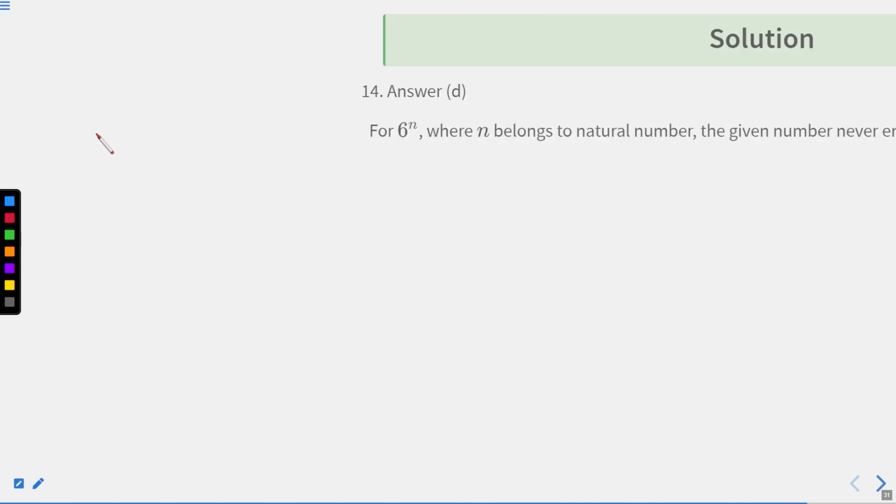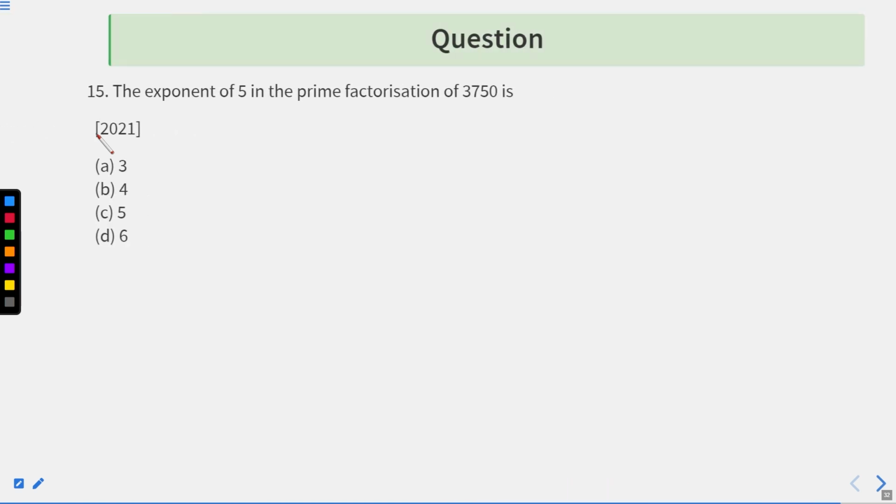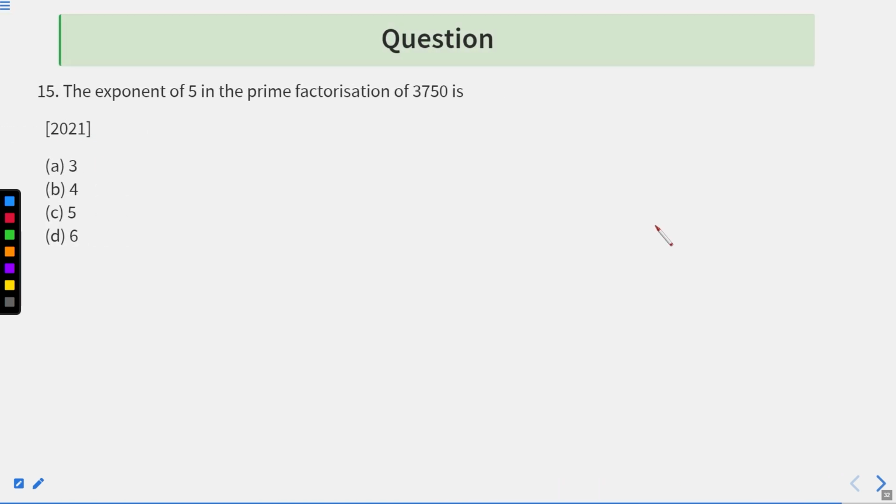Now let us move to question number 15. We are asked the exponent of 5 in the prime factorization of 3750. We need to find the exponent, that means the power of the number 5.